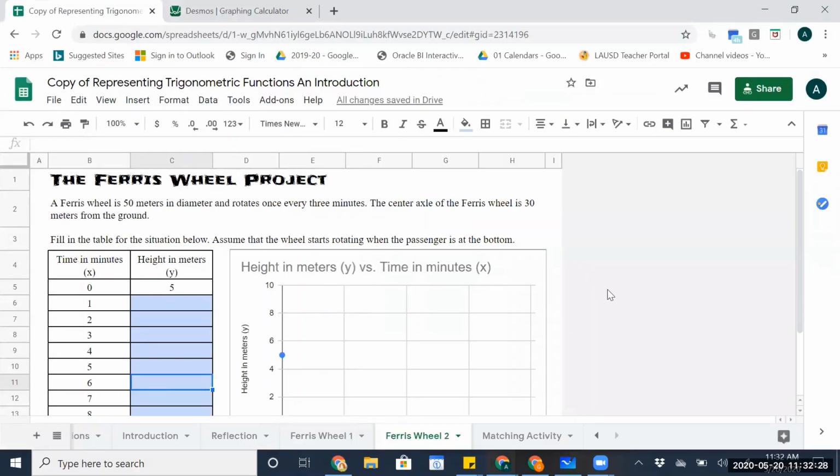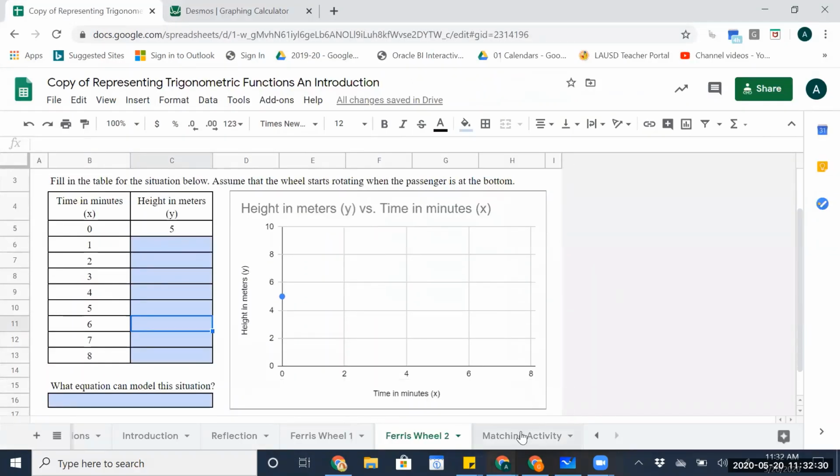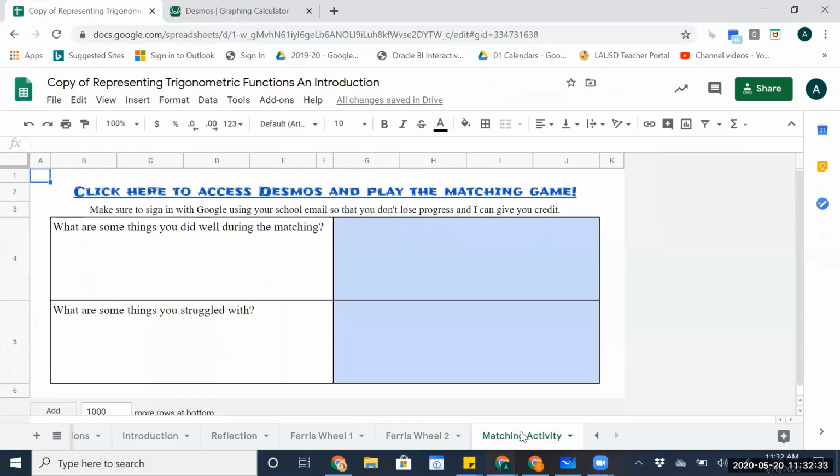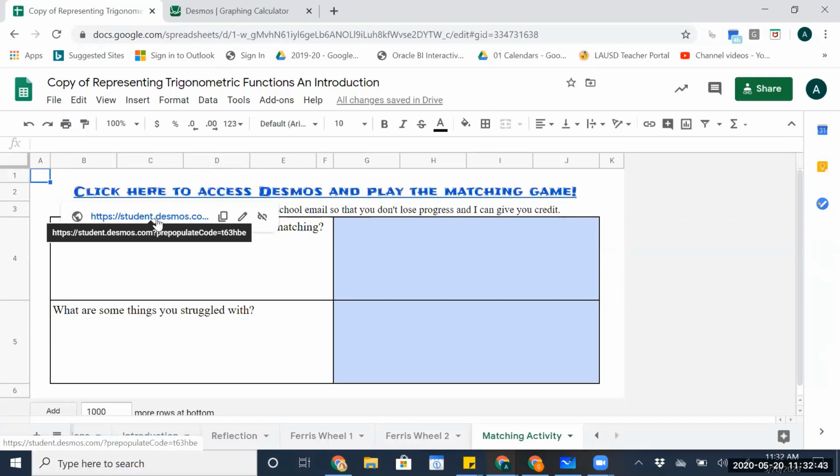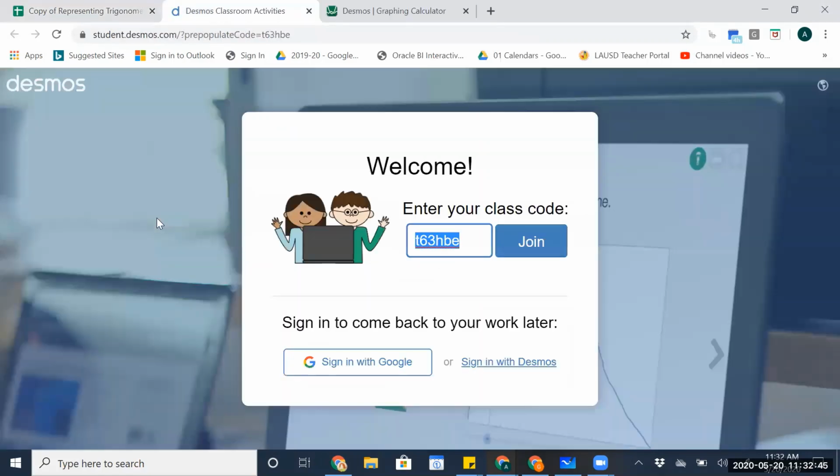To finish up this activity, you're going to click on the matching activity sheet, all right? And there's a hyperlink here: click here to access Desmos and play the matching game. So I'm going to go down here to Student Desmos. Okay, and it asks me to enter. The class code's already there, so you can just click join.